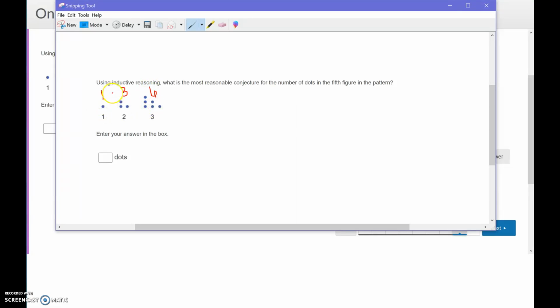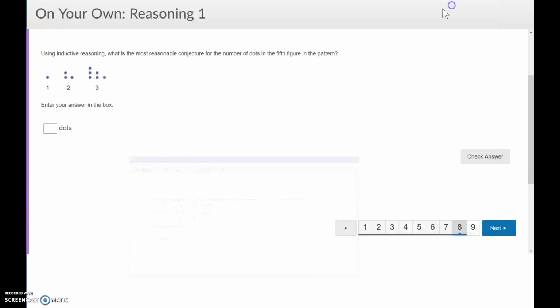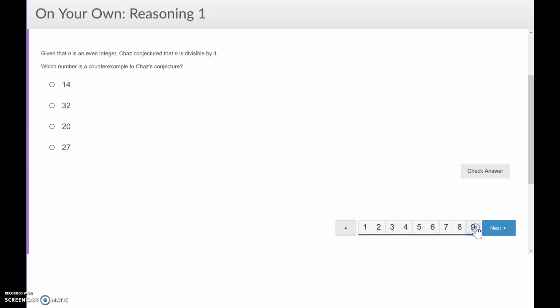So this added 2, this added 3. So it's adding the number. So that means it'll add 4. So that'll be 10. So the 5th in the pattern would add 5 to that total, and that would give us 15. Let's try that. Good deal.